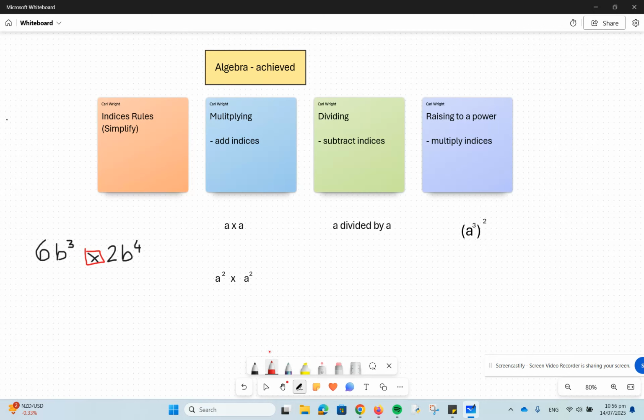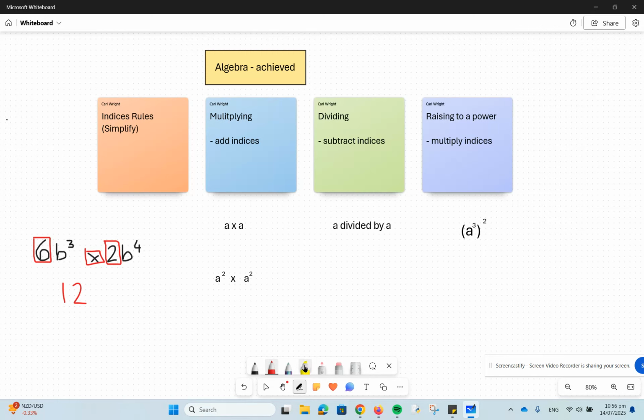Okay, so when I'm solving this, I'm going to separate the coefficient, the number in front, and I'm going to do those separately, and I'm going to do them first. So I'm going to go 6 times 2 is 12. All right, that means I've dealt with the numbers in the front. Because of my rule, multiplication, I just do the numbers separately.